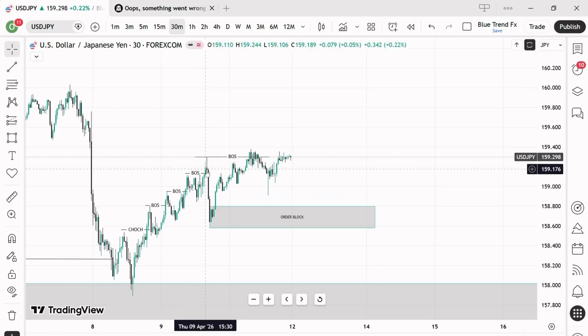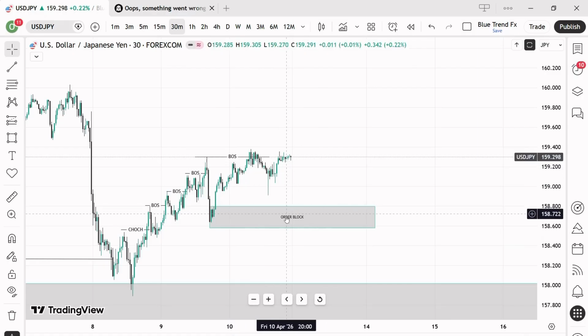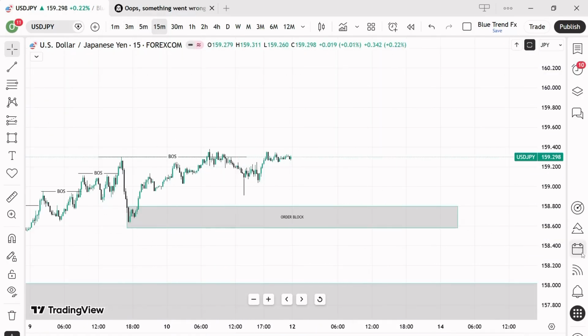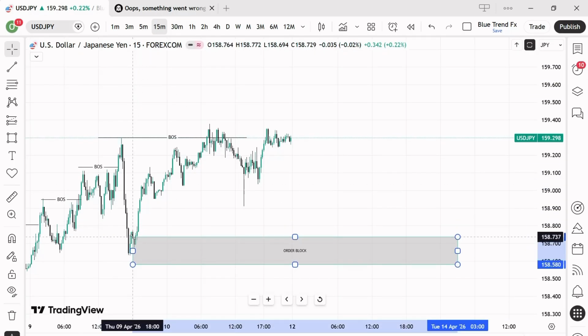From this level right here, price drops to this level, taking out this and this. But then at the end of the day, it gave a break of structure. This is a valid level for us to position for a buy whenever market comes to this level right here.